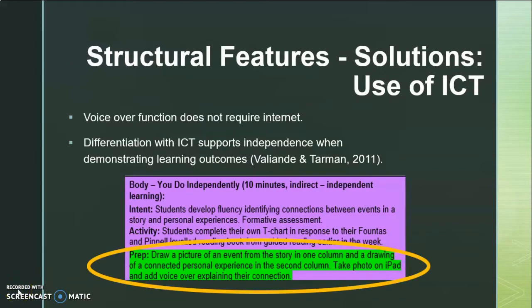For instance, the UDO task for the prep students utilized the iPad's voice-over function, which does not require internet, as a way to remove the barrier of limited writing capabilities. Valiant and Tarman 2011 support that this use of ICT differentiation promotes student independence within multi-age classrooms when demonstrating learning outcomes.